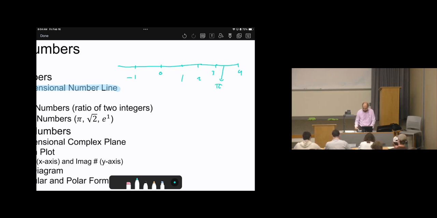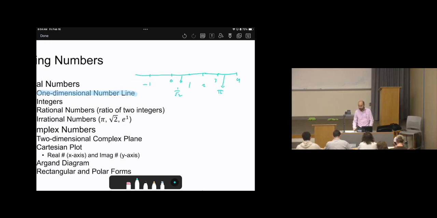And 1/square root of 2 can be something between 0 and 1, because 1/square root of 2 is 0.7-something. Even if we don't know the exact value, we can put it on a one-dimensional line. So any number that has one component is considered a real number, and it can be only in one dimension. Okay?